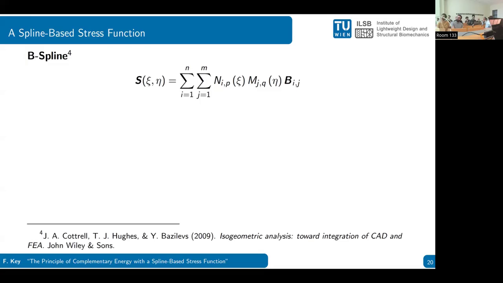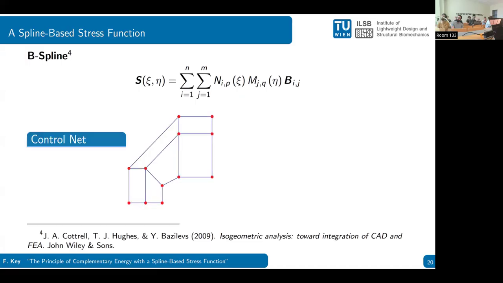You multiply these basis functions with the B_ij, which are the geometry representations, the coordinates of the control points. You go over these parametric dimensions and you get the coordinates of the surface.